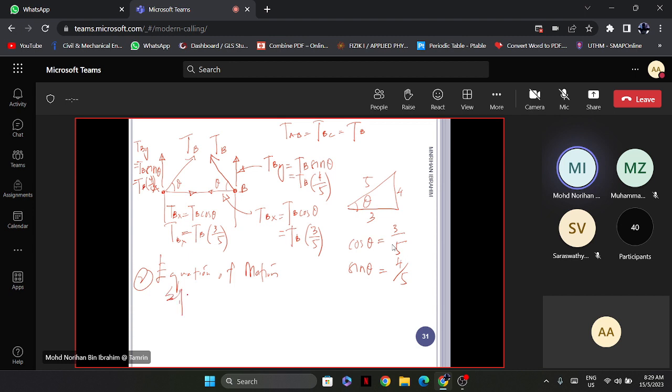Sum of Fx equal to max, positive to the right for this x. Sum of Fy is equal to may, positive upward. Let's consider this one as the first equation, and the sum of Fy as the second equation of motion, applying the basic Newton's law of motion.